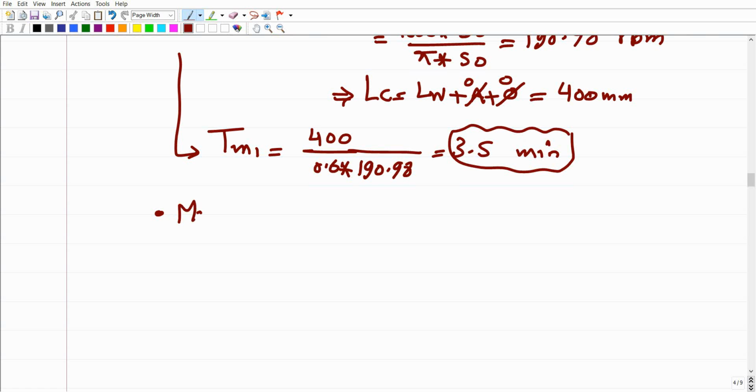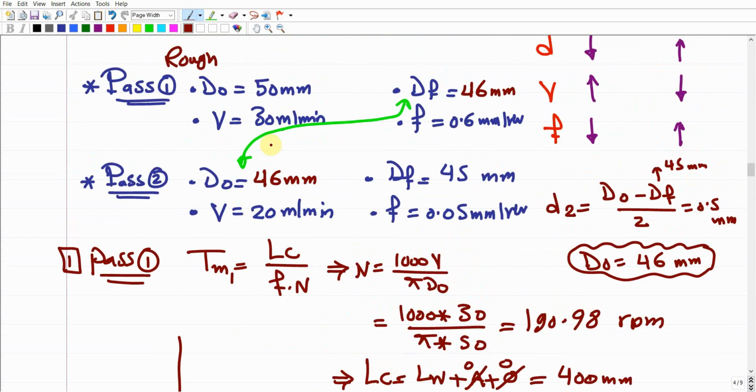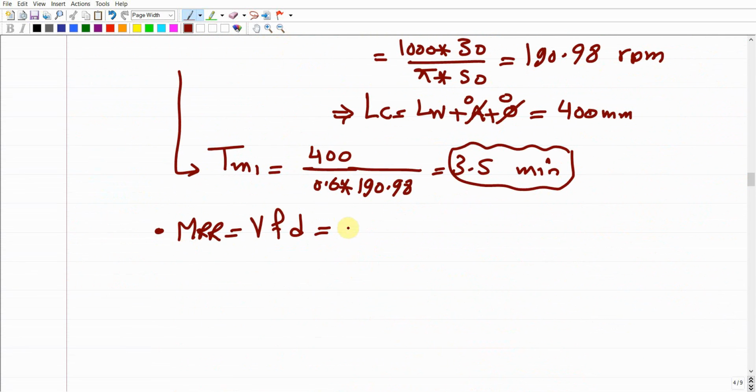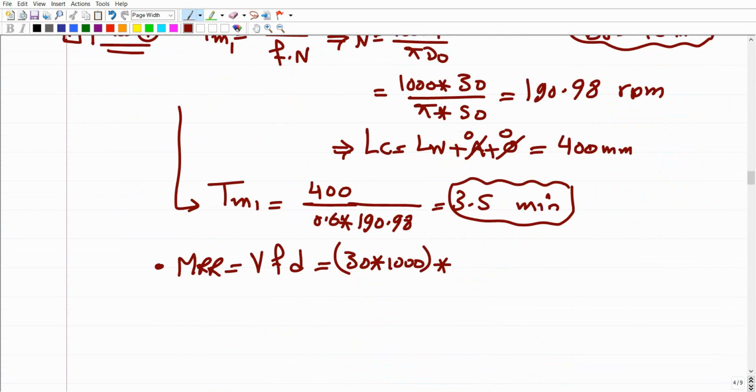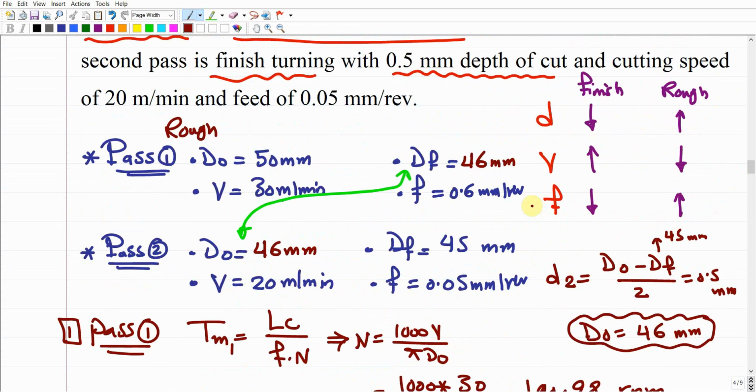We still need to calculate the material removal rate, which should equal V times F times D, right? V, the cutting speed, was given as 30, but it should be multiplied by 1000 to convert from meters per minute to millimeters per minute, times the feed, which was given in pass 1 as 0.6, times the depth of cut. The depth of cut, D1, we can calculate here.